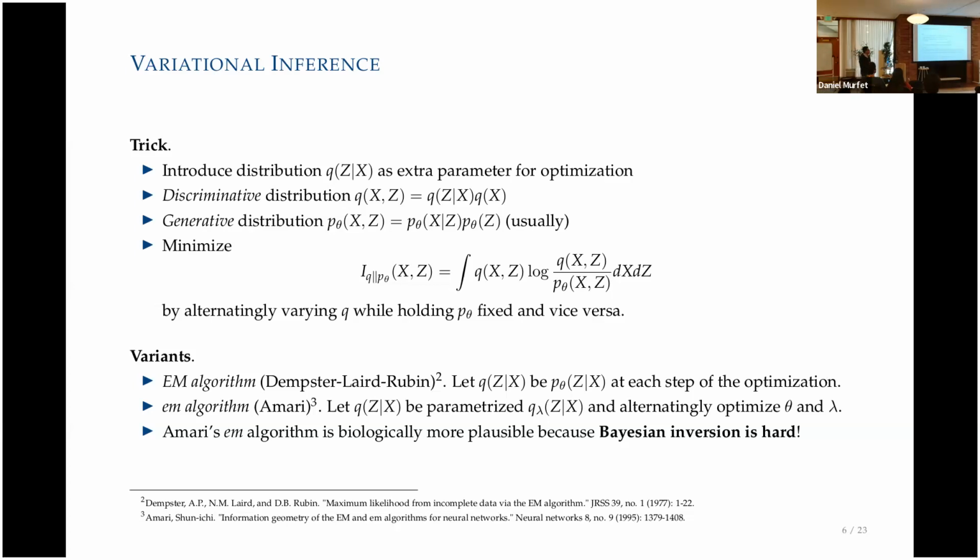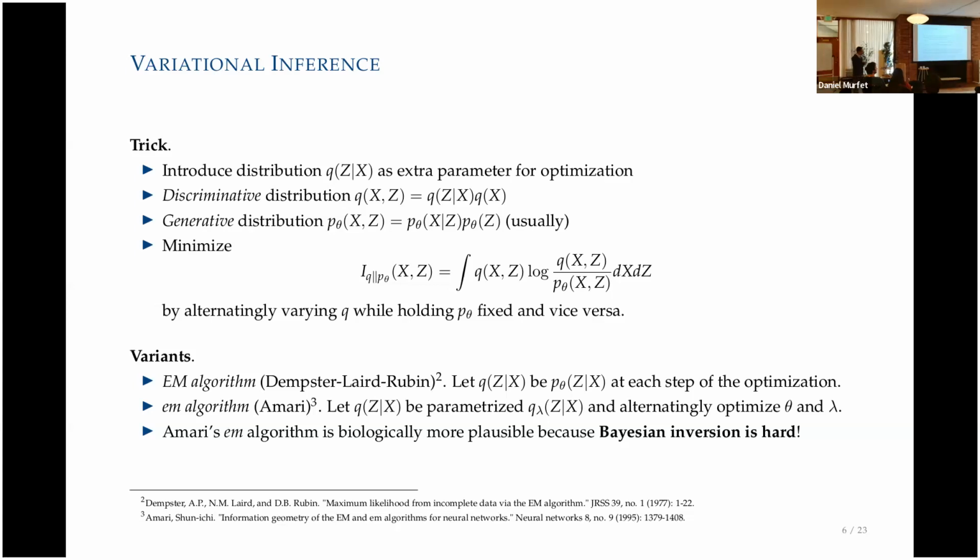There, they let q of z given x be the posterior p of z given x at each step of the optimization. So you let q be the posterior at the first step, and in the second step you optimize over theta. There's a different variant that not many people know, by Amari.